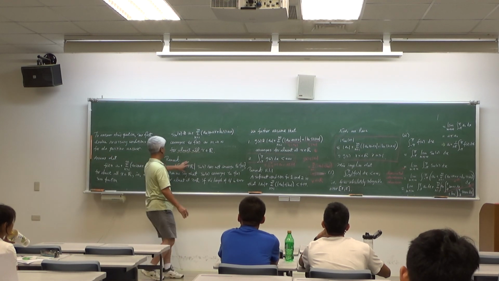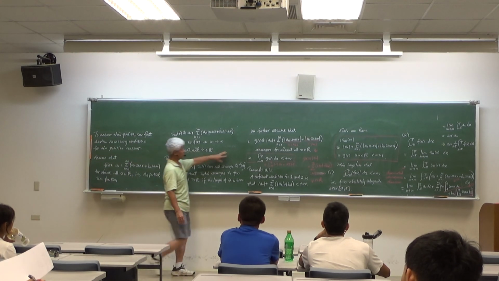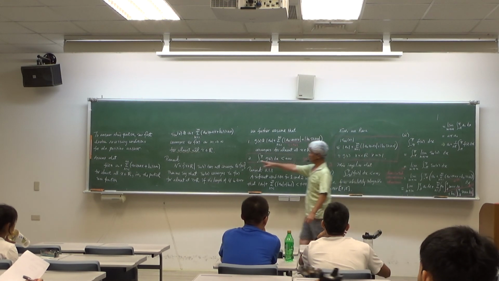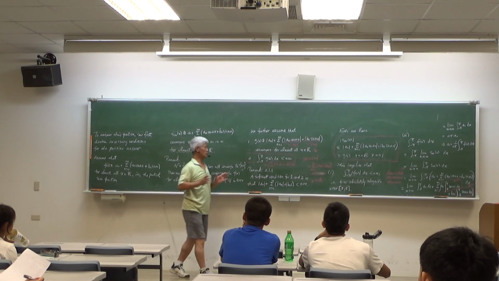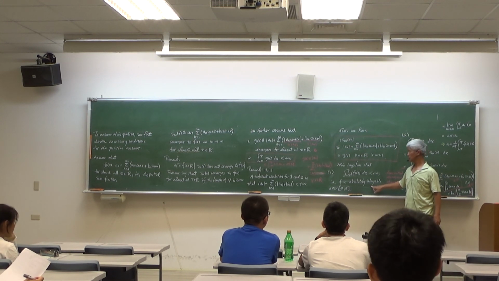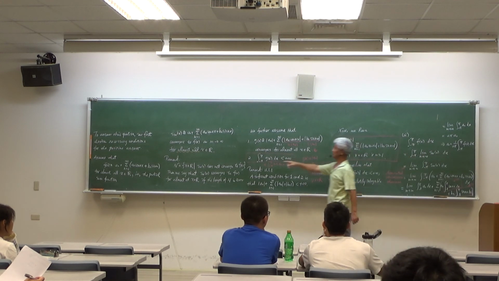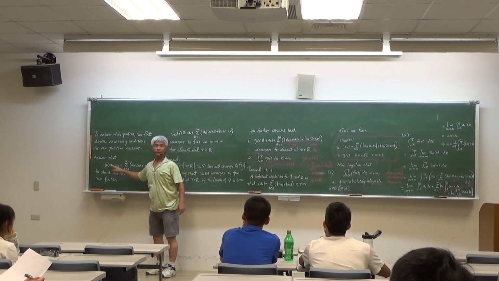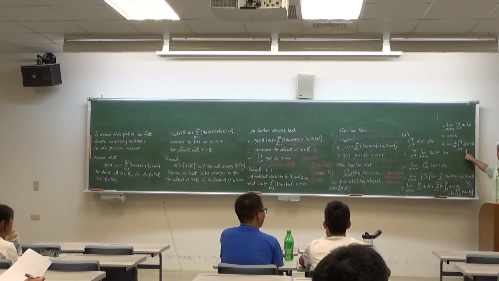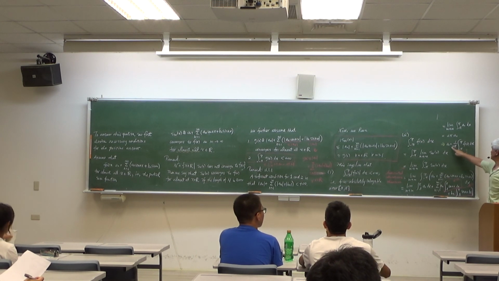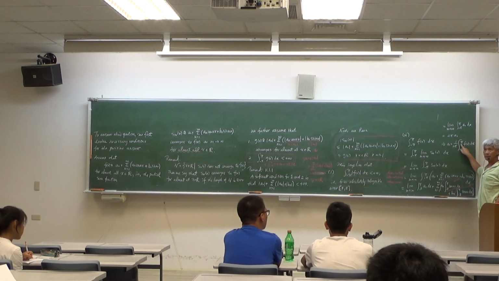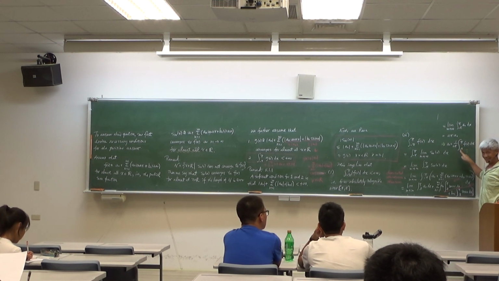We find that if this is true, and we further assume both conditions, then this function f of x must be absolutely integrable over one period. This is necessary. The second thing is that A0 must be equal to this integral, no other way around. A0 should be 1 over 2 pi times the integral of f of x over one period. This is the second necessary condition.